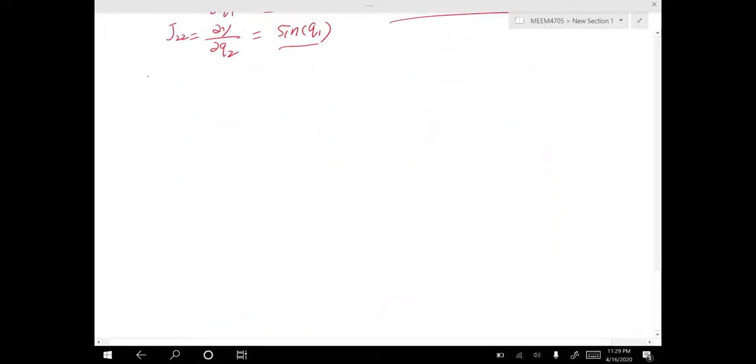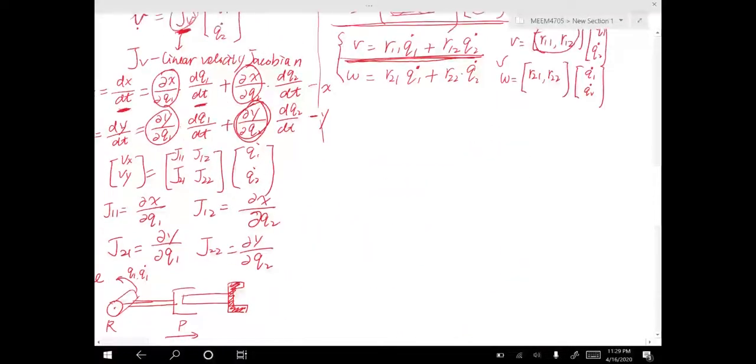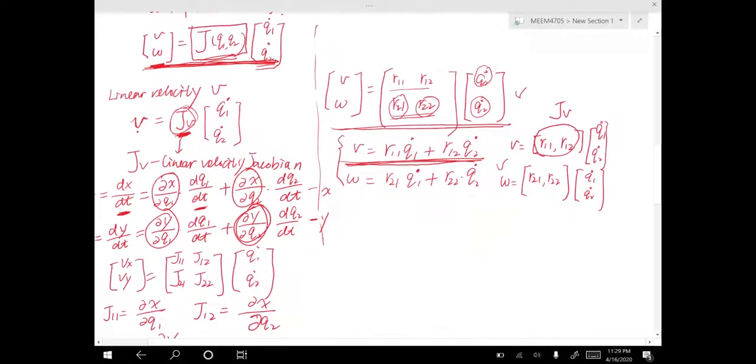So the next is the angular velocity Jacobian, J omega. If we take a look at the original equation we have, which is here, then we can see that our angular velocity equals this term.